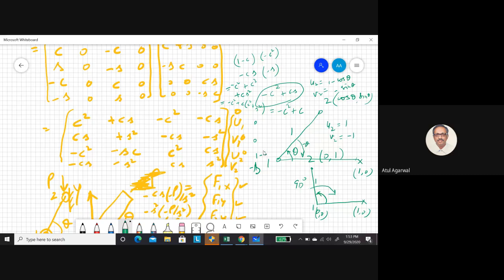So minus c square into 1 minus c, minus cs into minus s. So minus c square plus c cube plus cs square. So minus c square plus c into c square plus s square. So you're getting minus c square plus c.